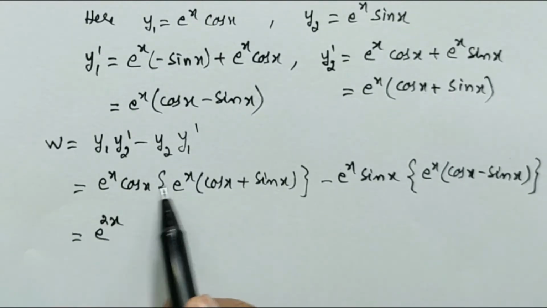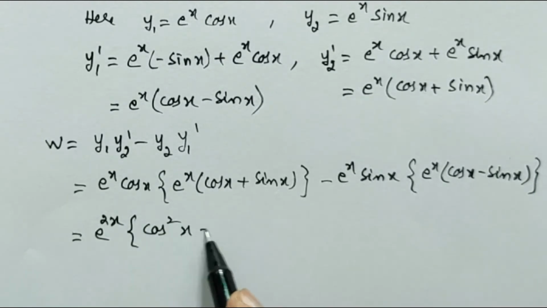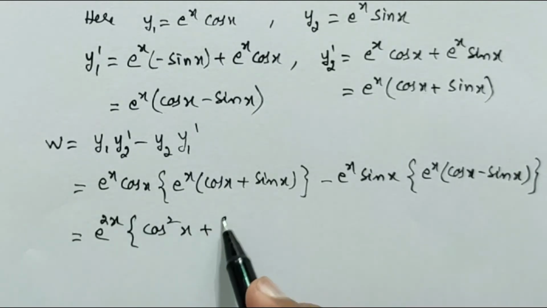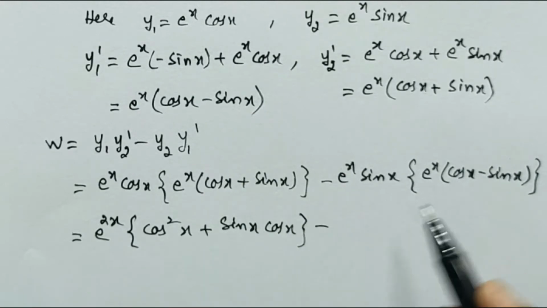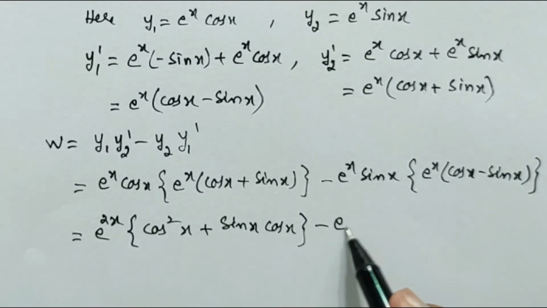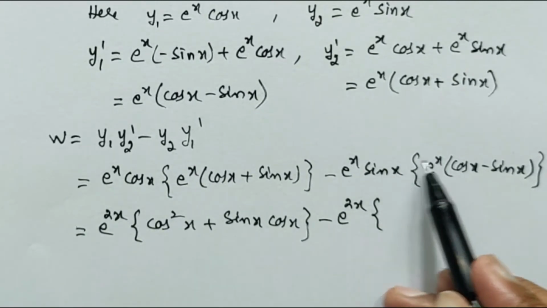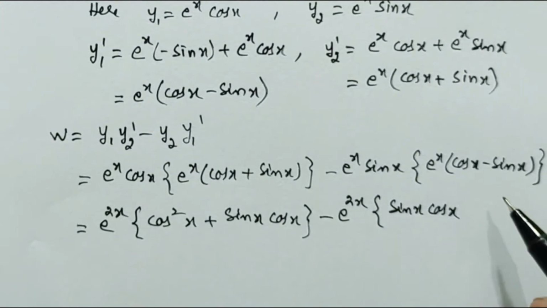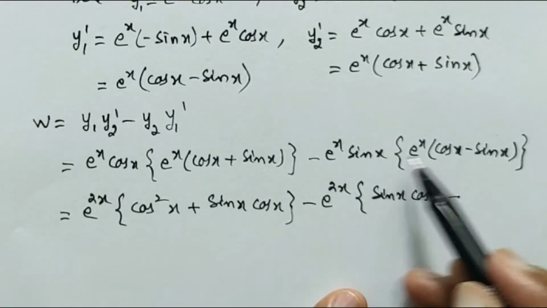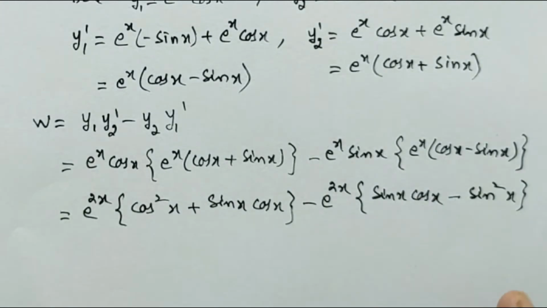Now multiply the cos x inside. Cos x into cos x is cos square of x, plus sin x into cos x. Then multiply the sin x inside: sin x into cos x, minus sin x into sin x, which gives sin square of x.